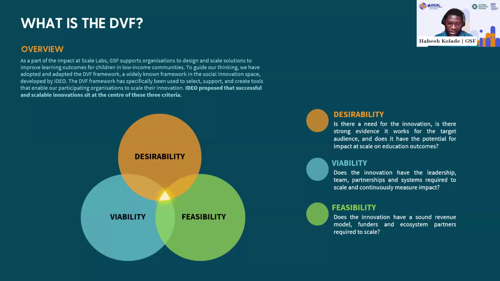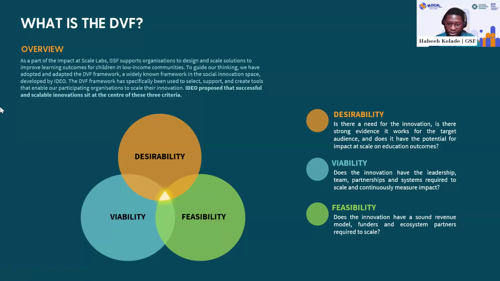Viability takes care of the capacity of the organizations to deliver at the right cost and sustainably over a long period. So through viability, we're looking at if the solution has the right revenue, the right funders, and the right cost to deliver.